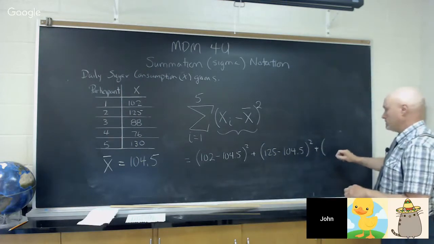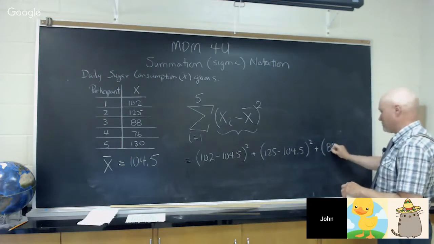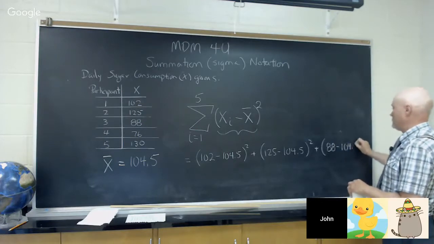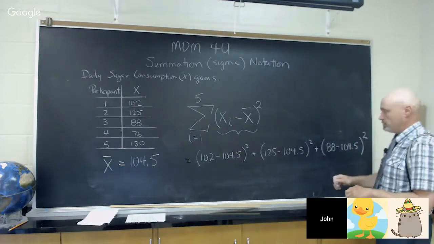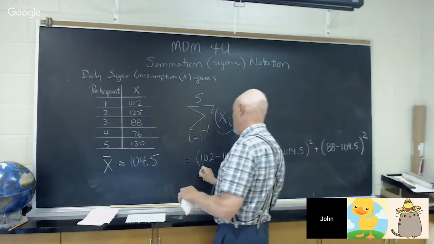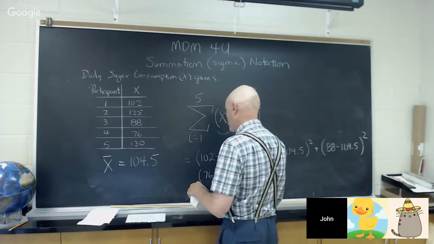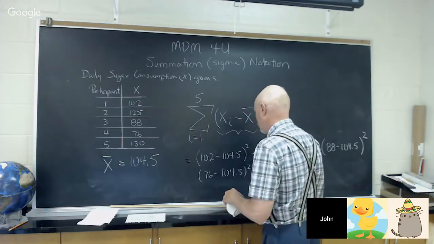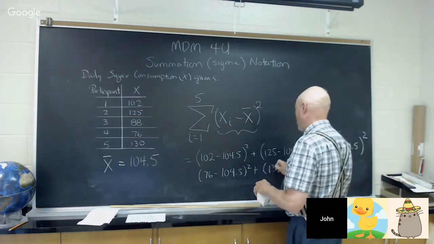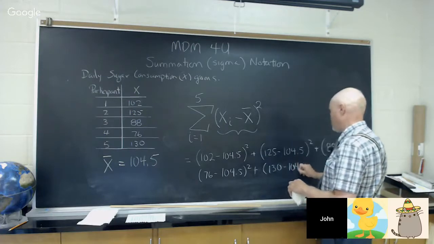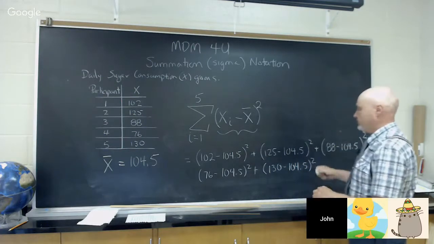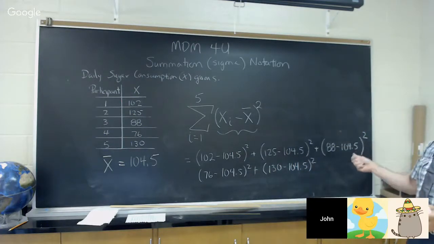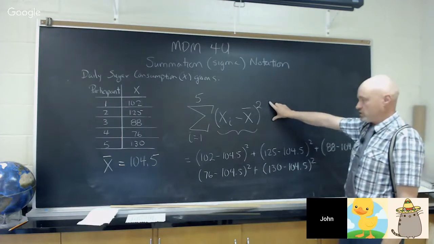I'm not actually going to go through this whole ordeal of doing the calculation because I don't want everybody to get bored, including me. 130 minus 104.5 squared.